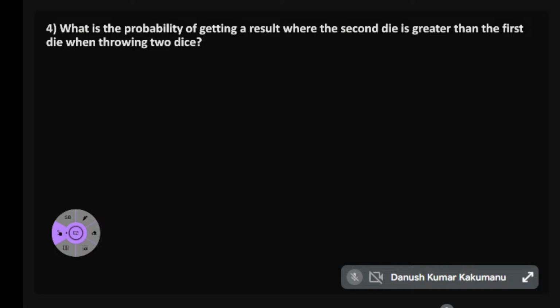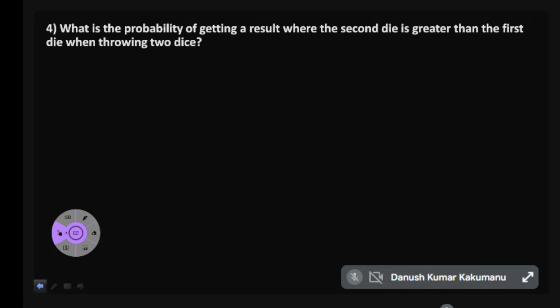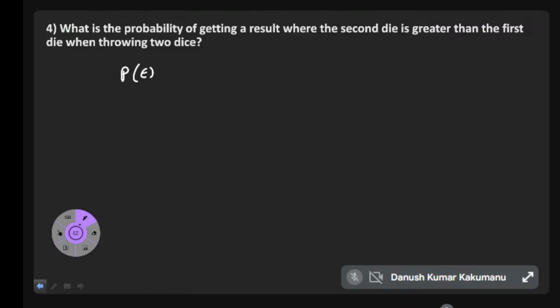What is the answer? 15 by 36. Yes. The probability is equal to 15 by 36. Very good.